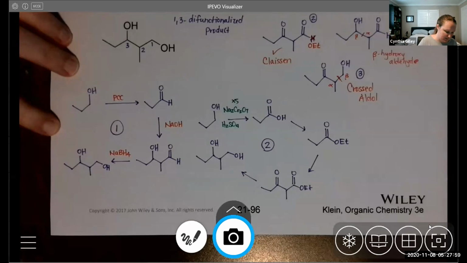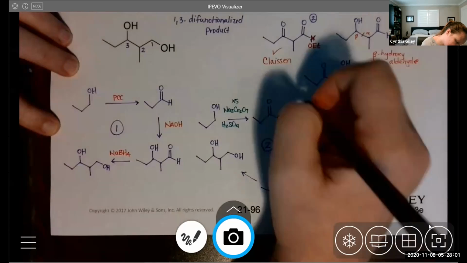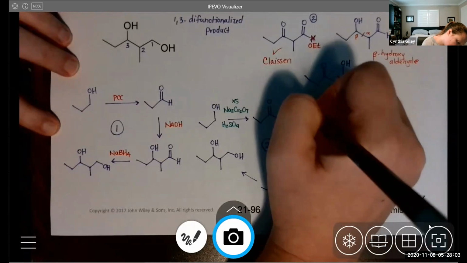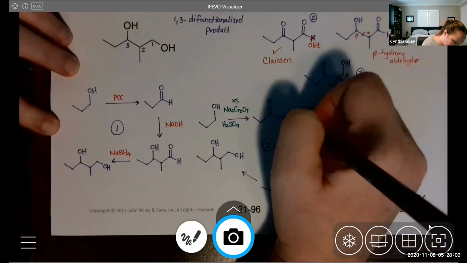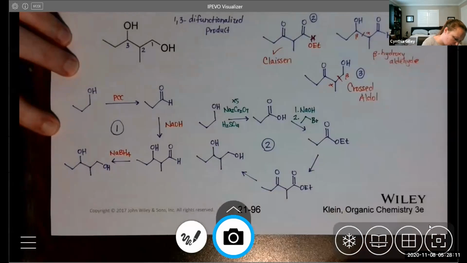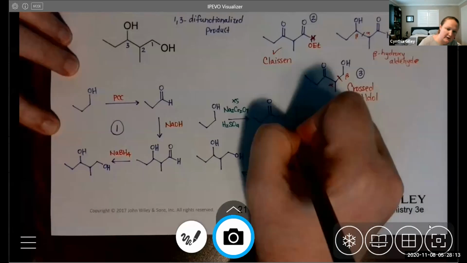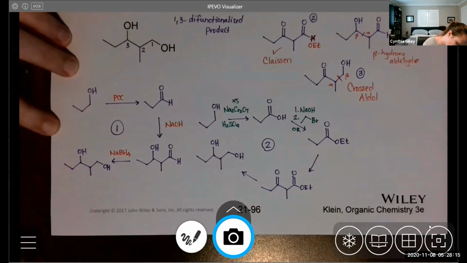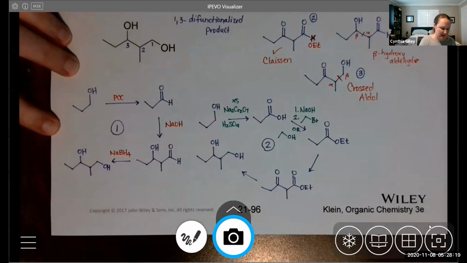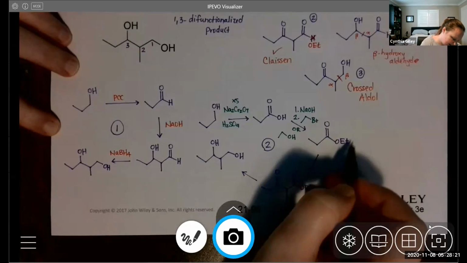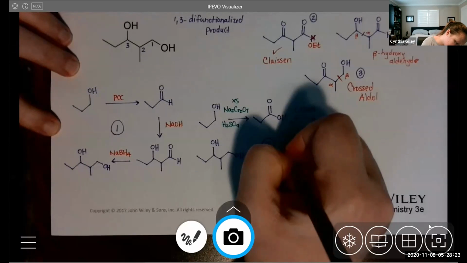You either use sodium hydroxide followed by an unhindered alkyl halide, which is ethyl bromide. Or alternately, you could do the Fischer esterification, which would utilize ethanol because we're making an ethyl ester, and an acid catalyst.